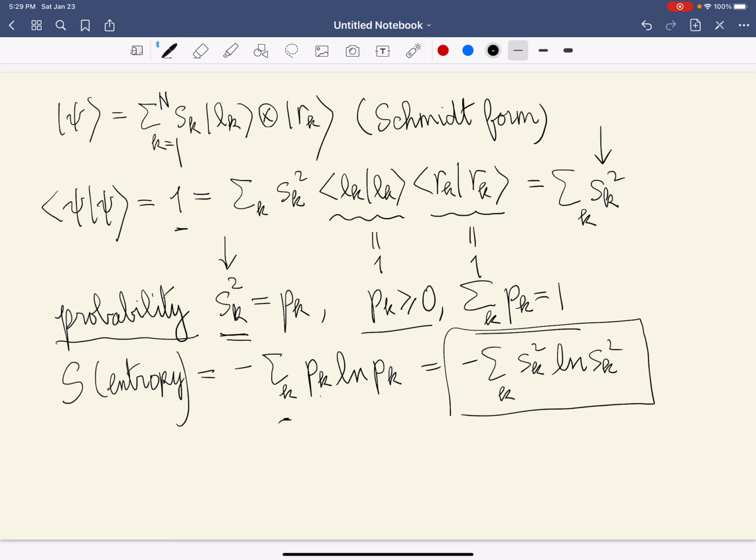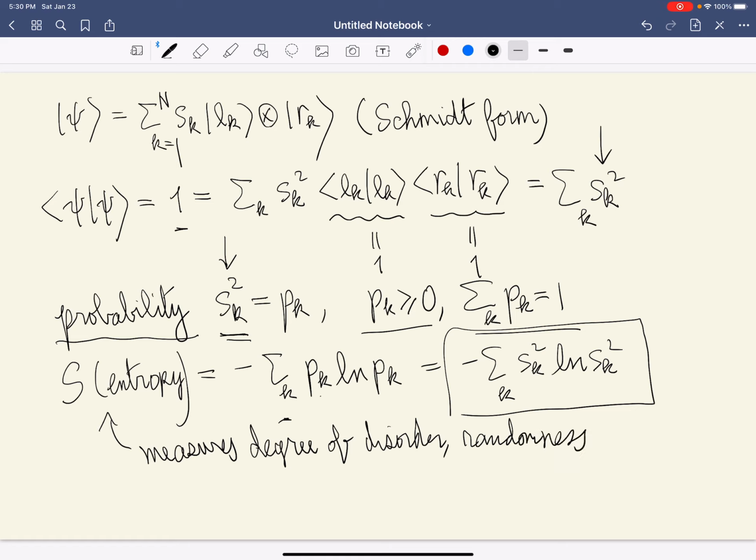Okay, so in information theory or in statistical physics, entropy measures the degree of disorder or randomness. But clearly, that cannot be what's being measured by this quantity because we're only talking about some quantum wave function.